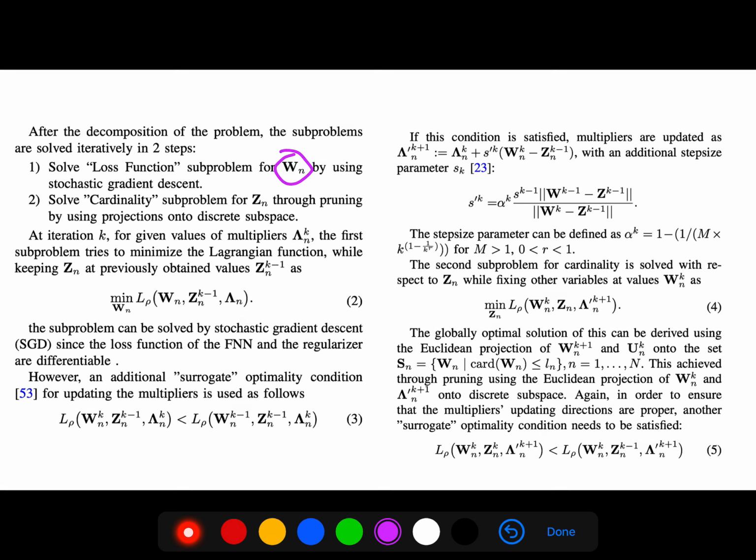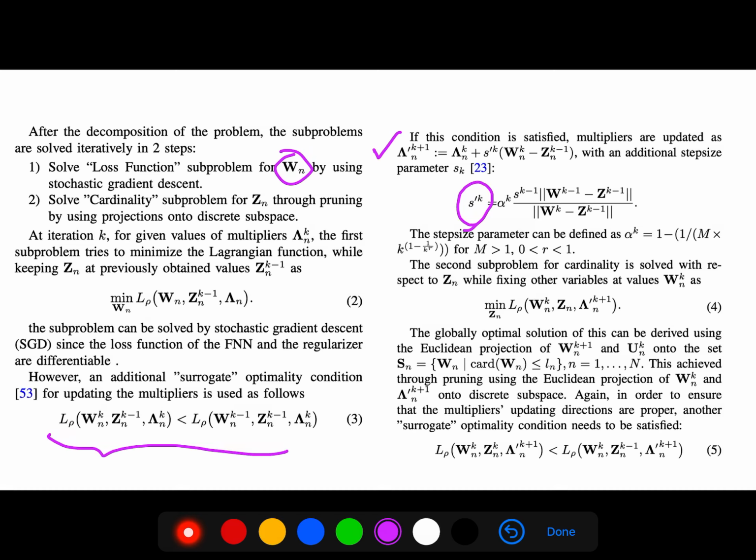The subproblem can be solved by stochastic gradient descent. However, an additional surrogate optimality condition for updating the multipliers is used as follows. If this condition is satisfied, multipliers are updated using this, and the step size is now this S_k.